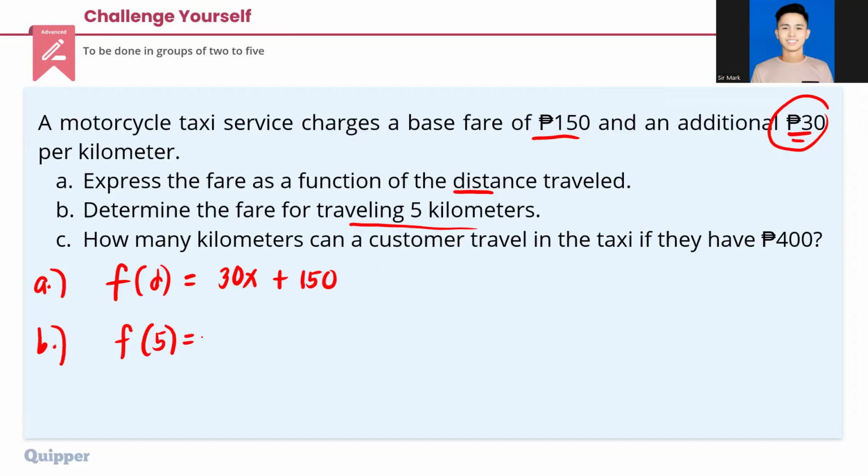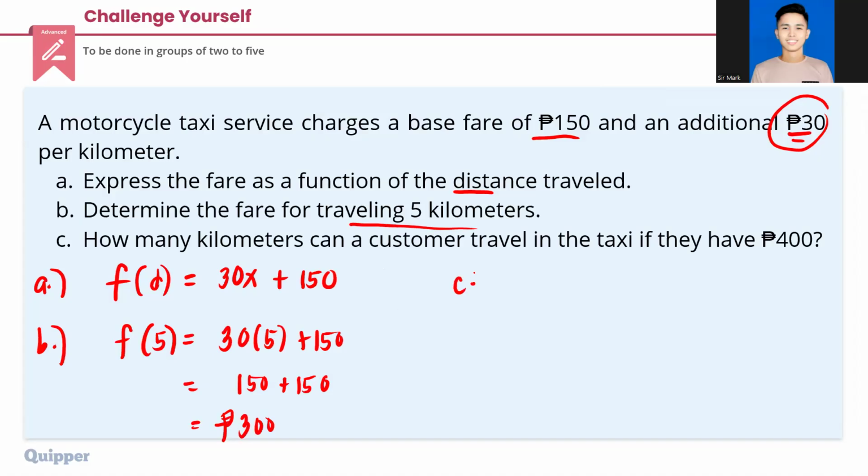How much would be the fare? So that would be 30 multiplied by 5 kilometers plus 150. Simplify. 30 times 5 is 150, plus the base fare, which is 150. So the fare for traveling 5 kilometers is 300 pesos.